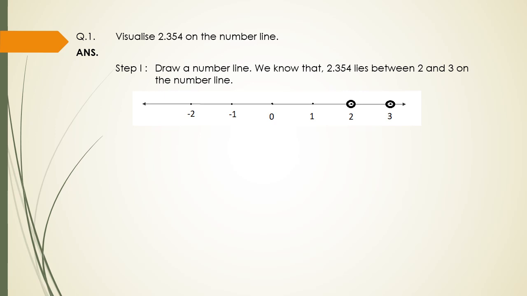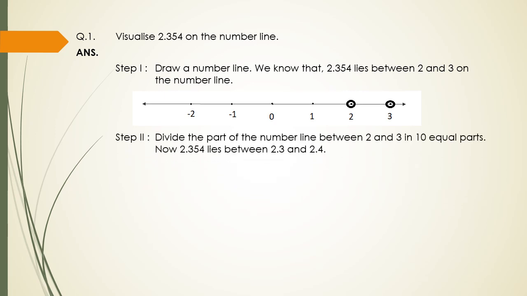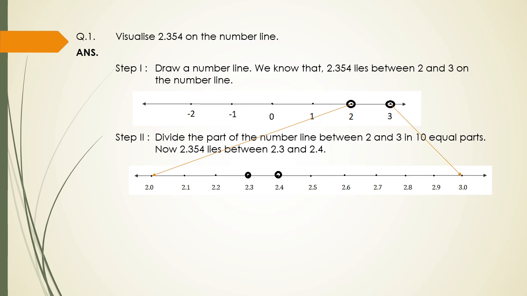What exactly are we going to do? Now we are going to divide the interval from 2 to 3 into 10 equal parts. So step number two is we are going to divide the part on the number line between 2 and 3 into 10 equal parts.